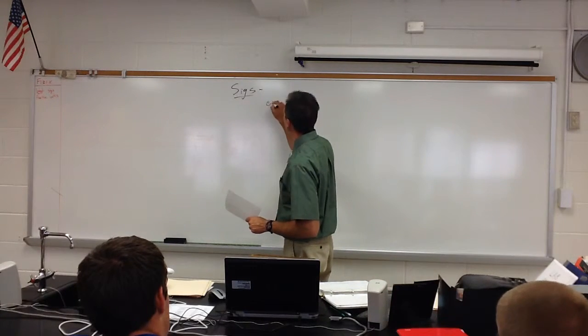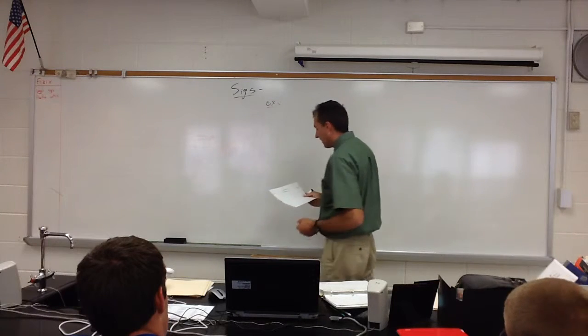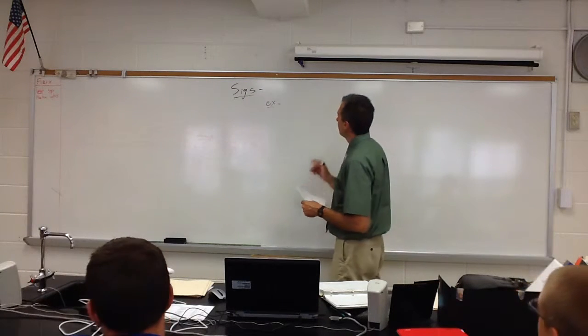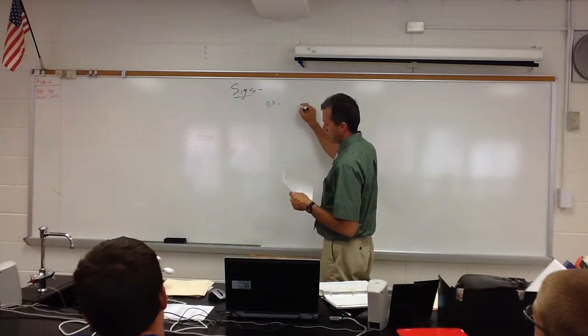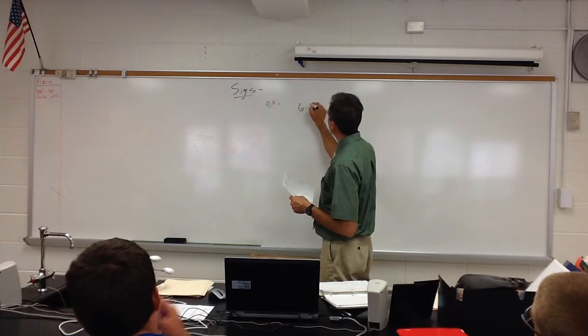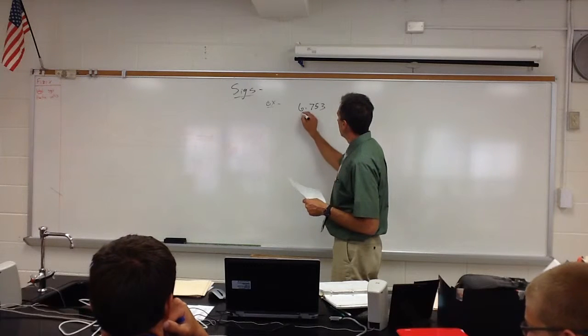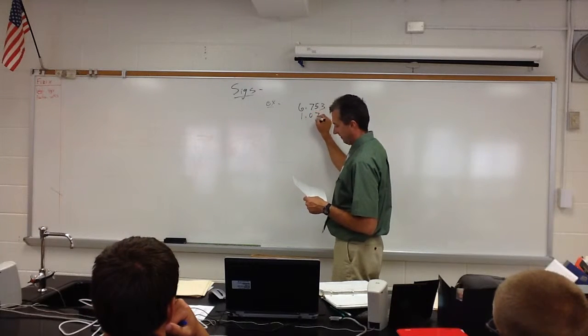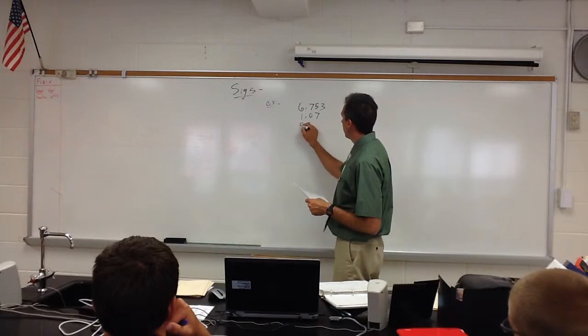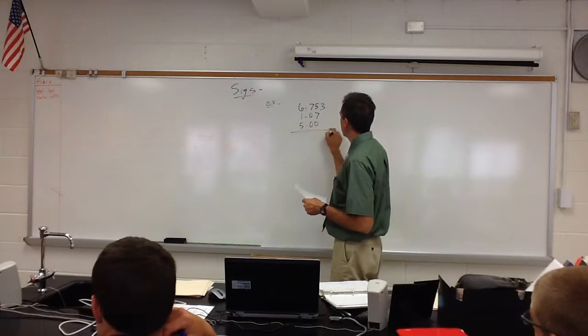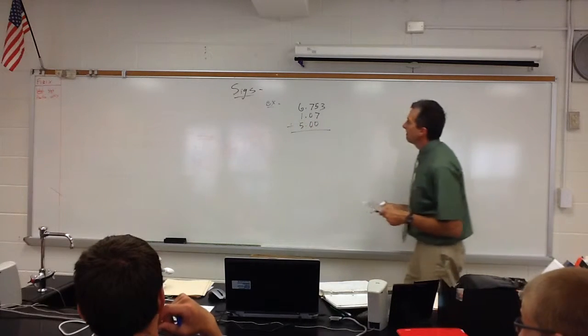Say I gave you three numbers to add up. These are three numbers that someone maybe measured: 6.753, 1.07, and 5.00. And I asked you to add those up.